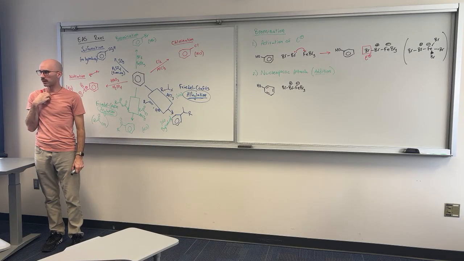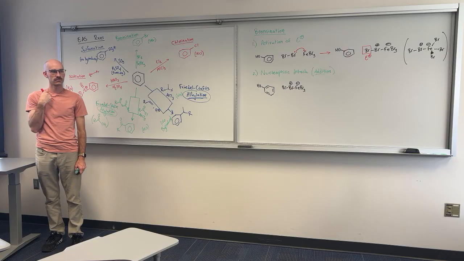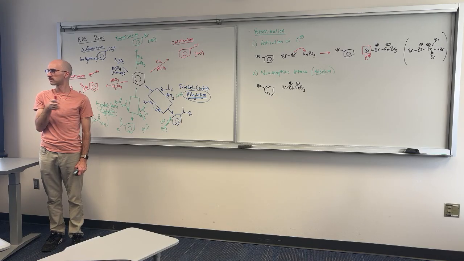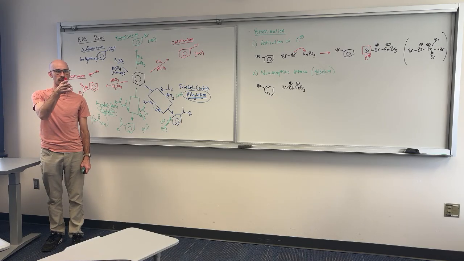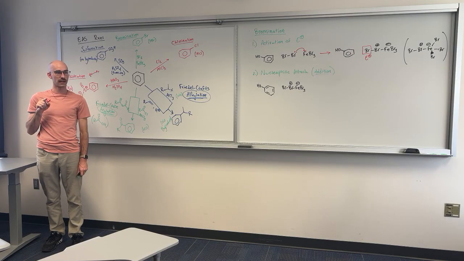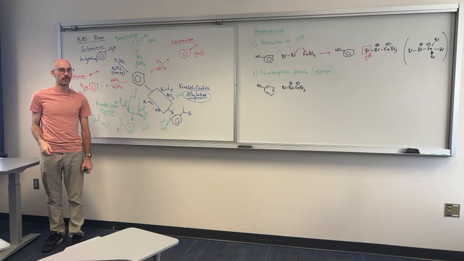The group on my ring, is it electron donating or electron withdrawing? Withdrawing? Donating? Does it have a lone pair adjacent to the ring that the ring can borrow?